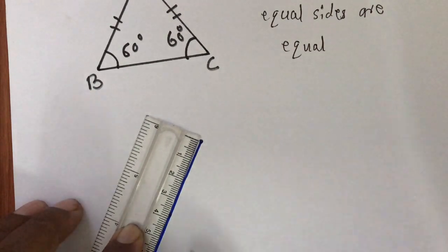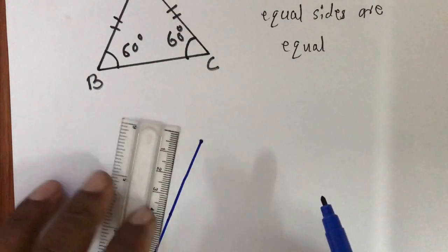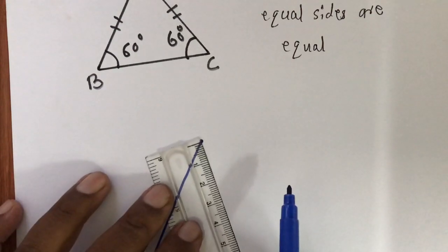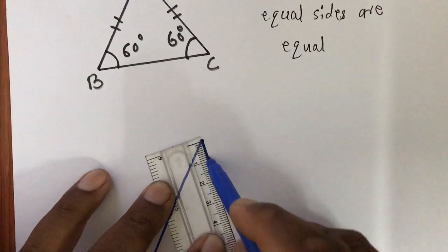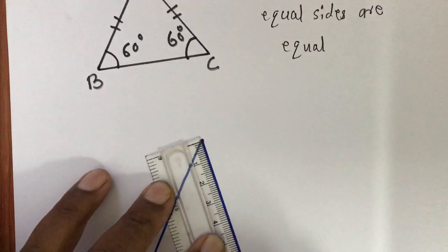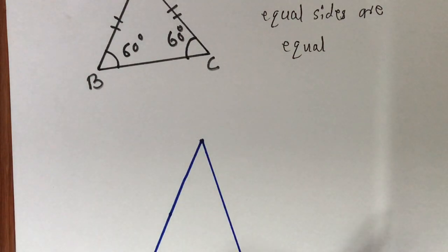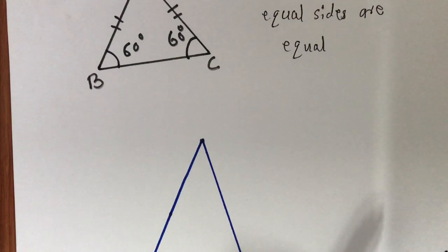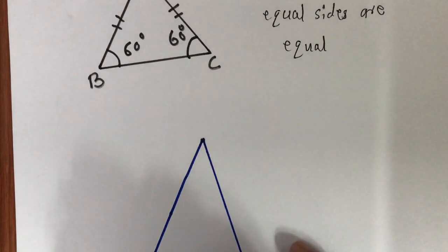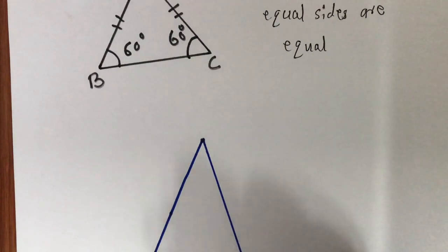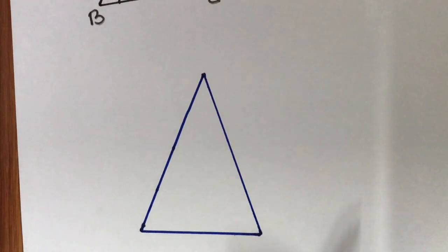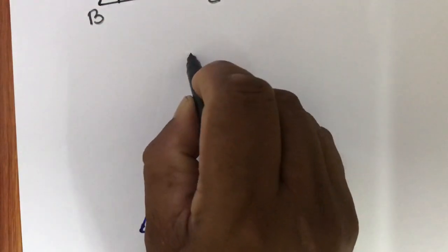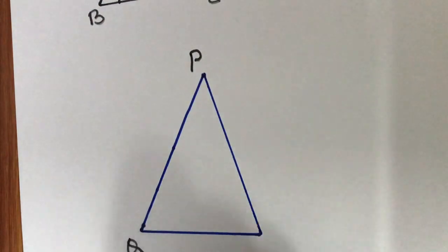I have drawn a line segment of length 8 centimeter. Another line I am going to draw of the same length as 8 centimeter. The two sides I have drawn, and complete the triangle by drawing the third one. I have drawn the third line. Understand? So in this way we are having a triangle PQR.